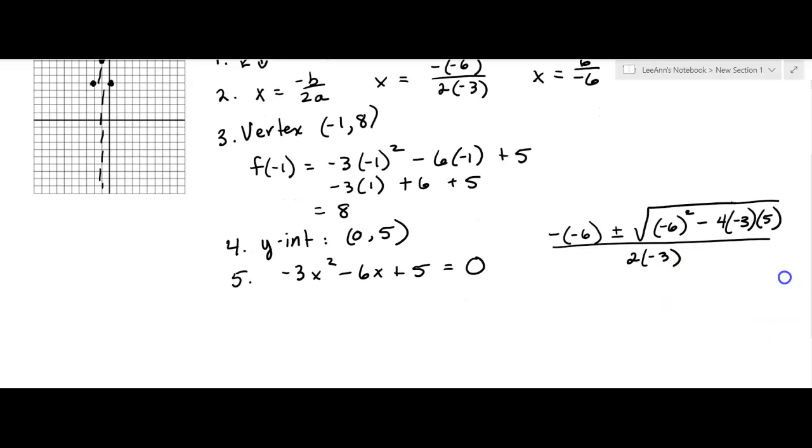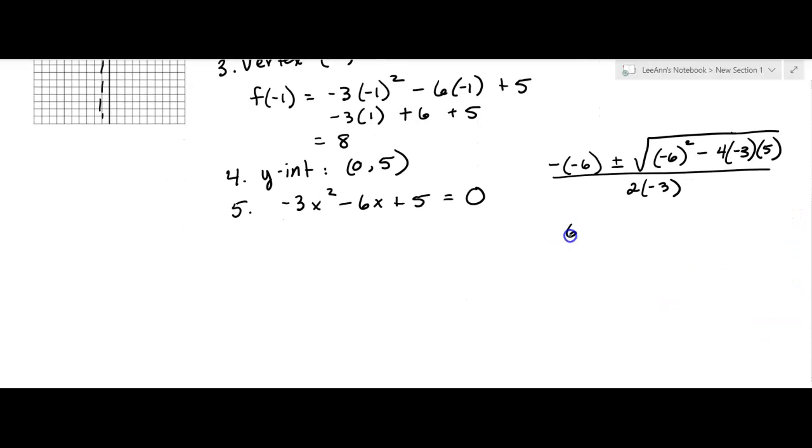Okay, so what's that going to be? 6 plus or minus the square root of 36 plus 60 over negative 6. Let's see. 12 times 5, yeah, that's 60. It's going to be positive. So I get 6 plus or minus the square root of 96 over negative 6.